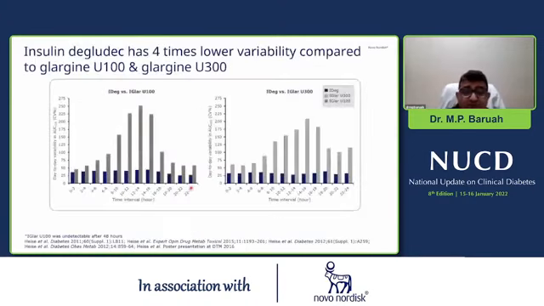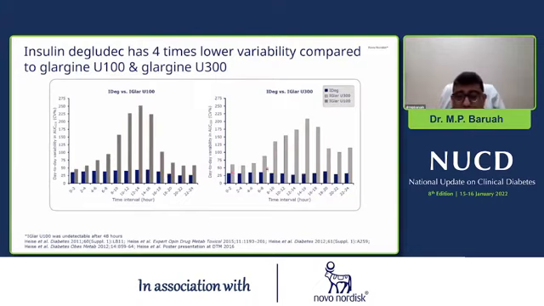After that, I would like to discuss the comparison of insulin degludec, which has been found to be the best among all the newer long-acting basal analogs for maintaining a good time in range. They said there is a significant difference between degludec and both U100 and U300 in maintenance of time in range.